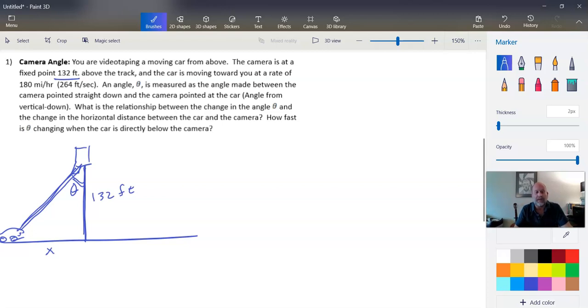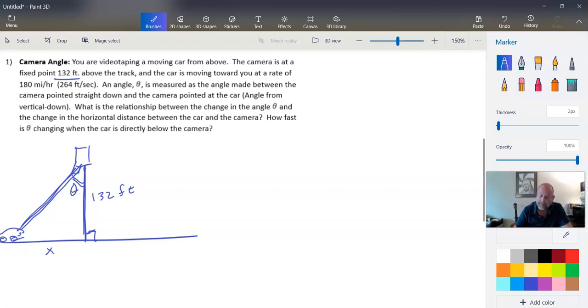Now, what we'd really like to do here is find a relationship between x and theta. And so this should be screaming trig at you. I have a right triangle because this is straight down, right? So this is a right triangle. I know one of the legs of the triangle. I do not know the other leg. I do not know this angle.